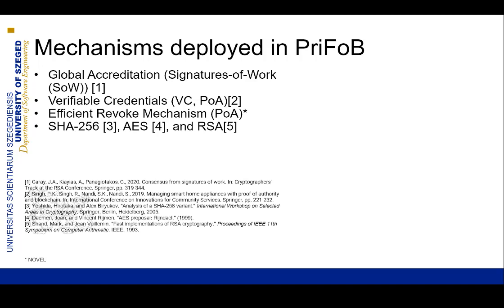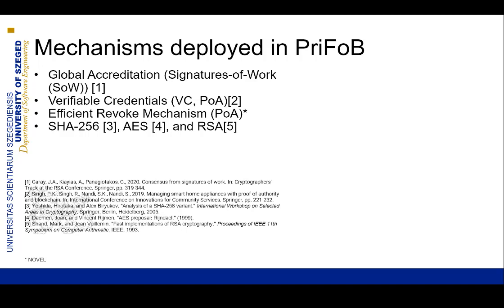We also use one-way encryption, symmetric encryption, and asymmetric encryption. Those methods are, of course, standardized, but for example, some developers prefer to use elliptic curve instead of RSA, so this can be easily changed.